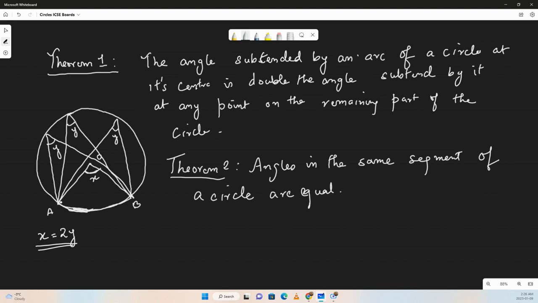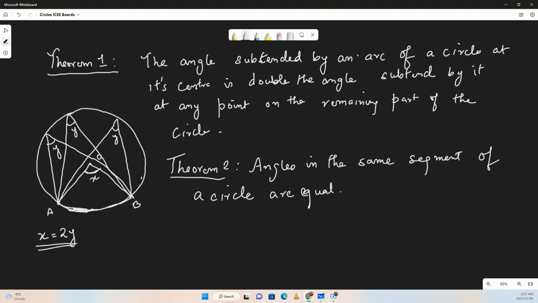One says that the angle subtended by an arc of a circle at its center is twice the angle subtended on any remaining part of the circle, and theorem 2 says that angles subtended by the same segment of the circle at any point on the circle are equal. Okay, so that is theorem 2. So let's move on to theorem 3.